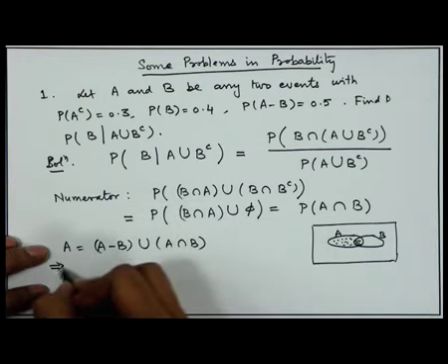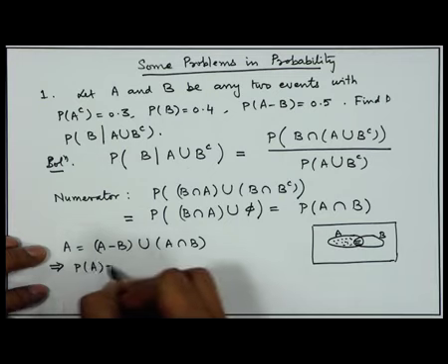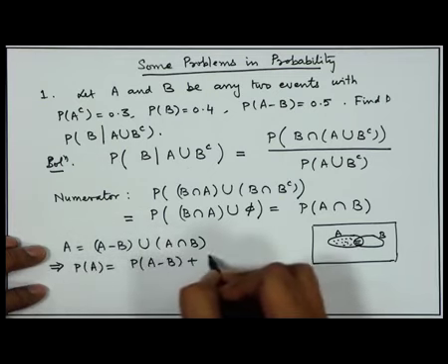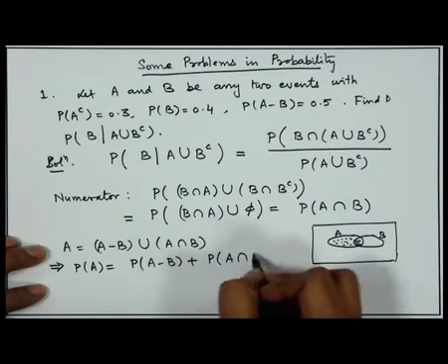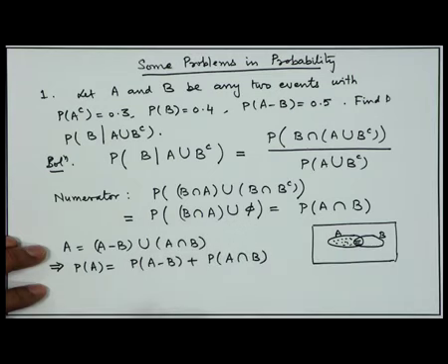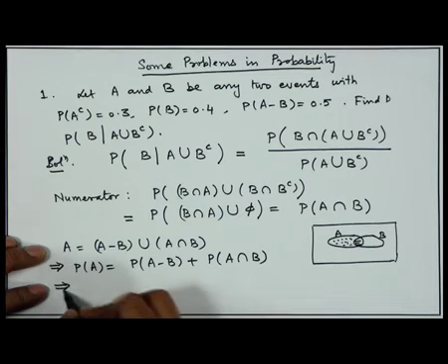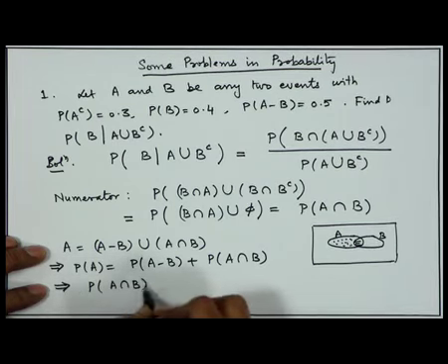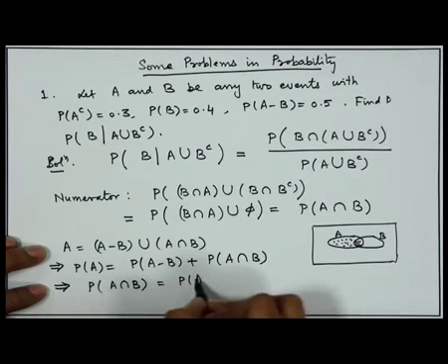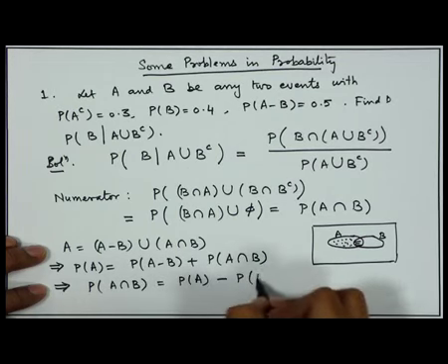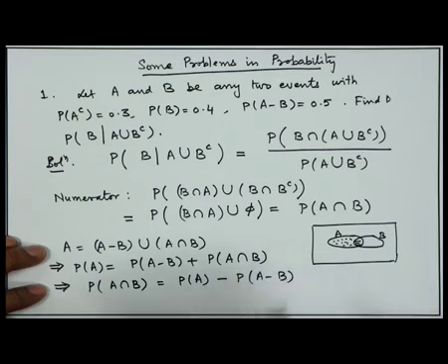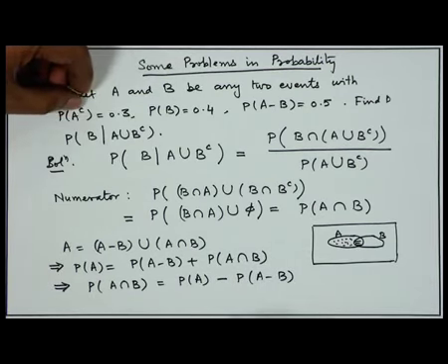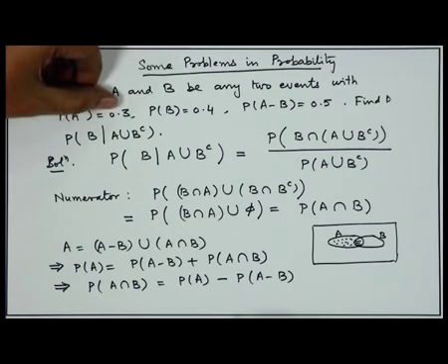That means probability of A is equal to probability of A minus B plus probability of A intersection B. That means probability of A intersection B is equal to probability of A minus probability of A minus B. Now, we are given here probability of A complement is 0.3.